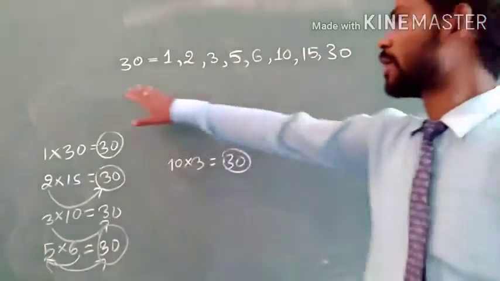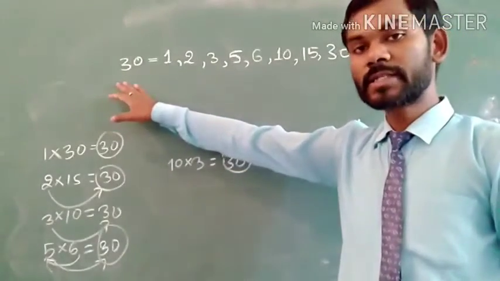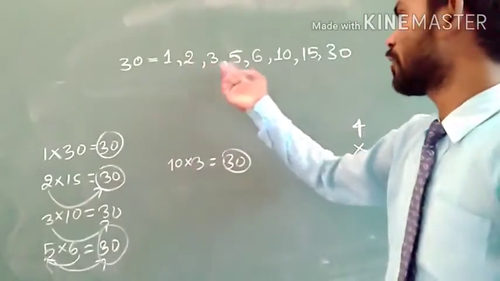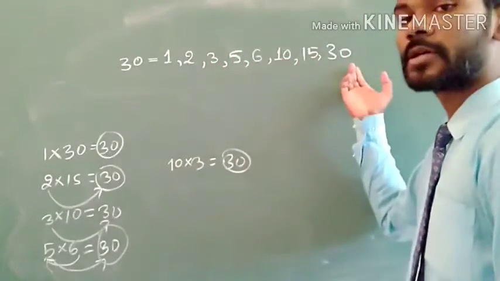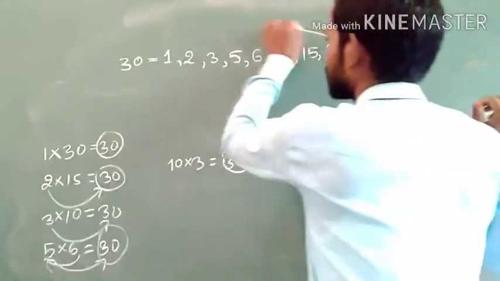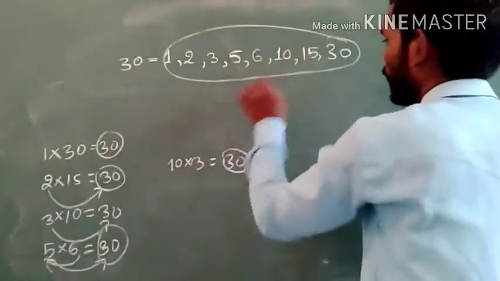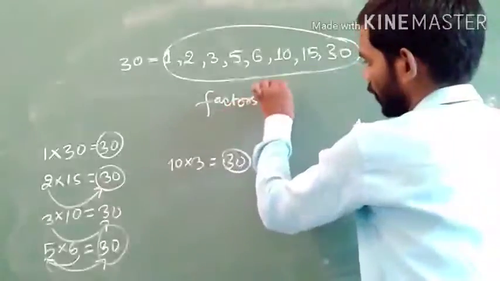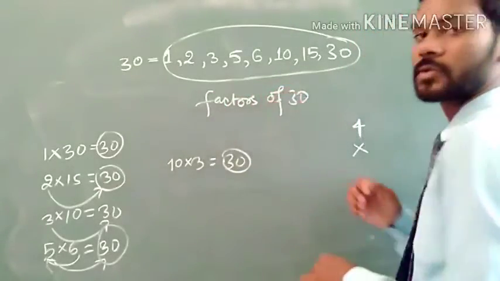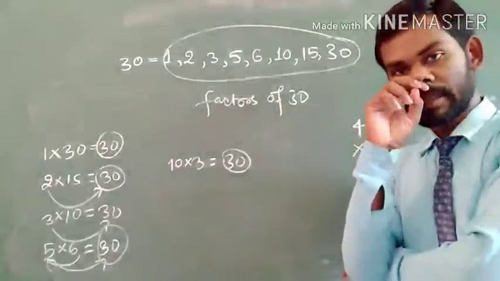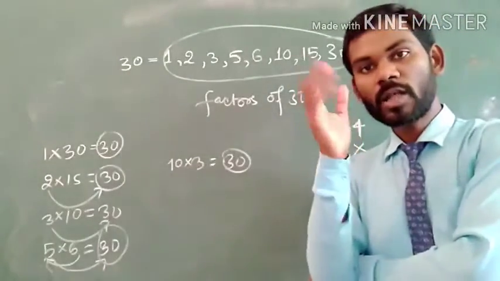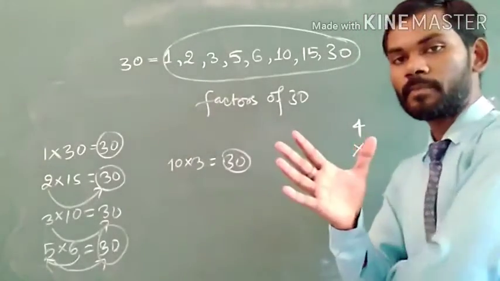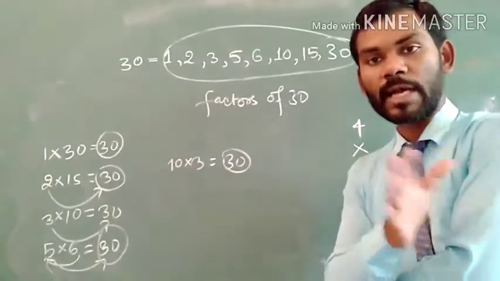So all the factors of 30 are listed here: 1, 2, 3, 5, 6, 10, 15, 30. These numbers are called factors. These are the factors of 30. So here you can see that except 1, all numbers have more than one factor. I hope you get the idea about factors.